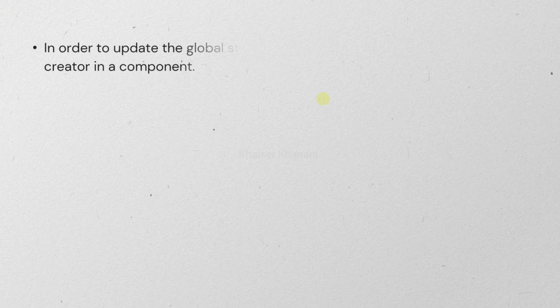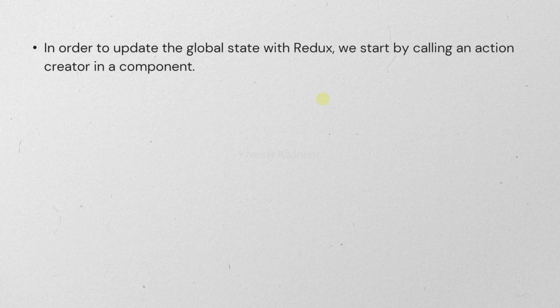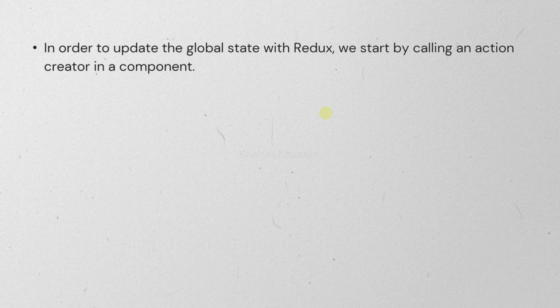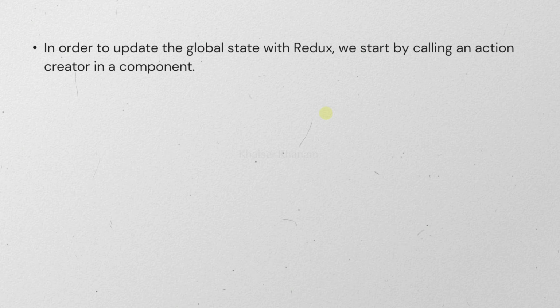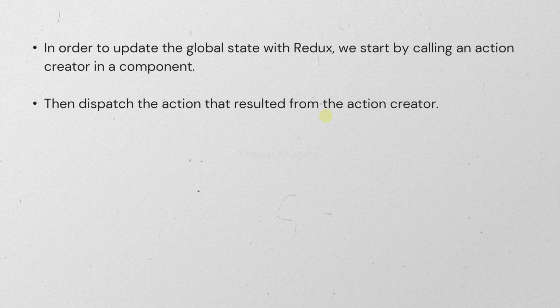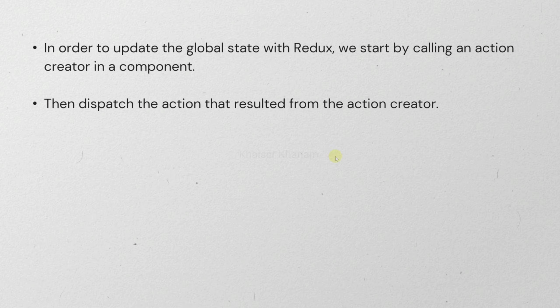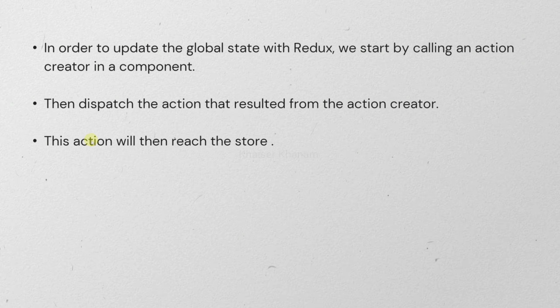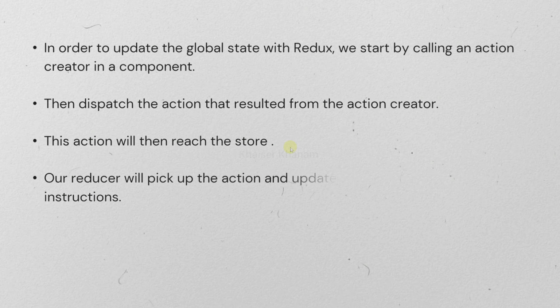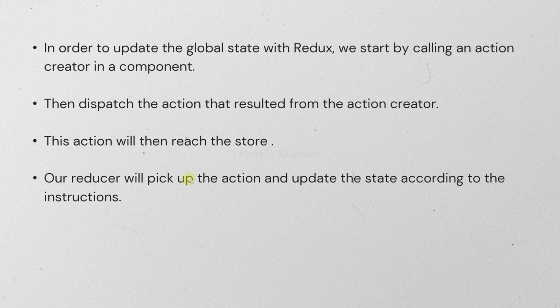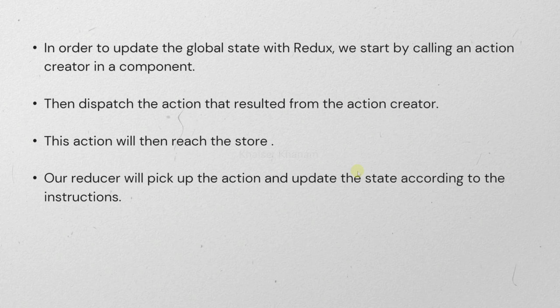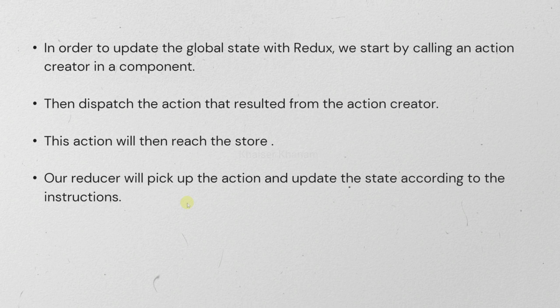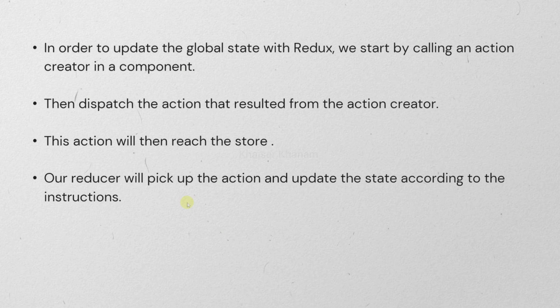Let's recap what we have seen. In order to update the global state with Redux, we start by calling an action creator in a component and then dispatch the action that resulted from the action creator. After that, the action reaches the store, and our reducer picks up the action and updates the state according to the instructions which we have passed.